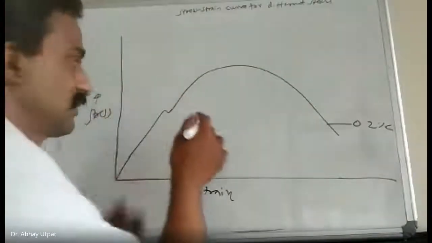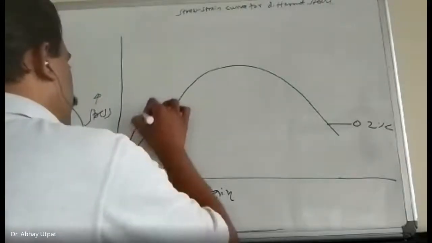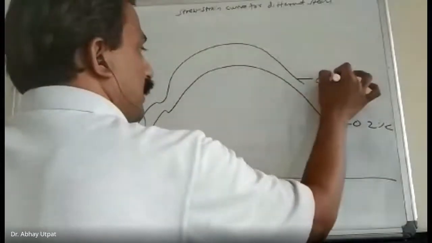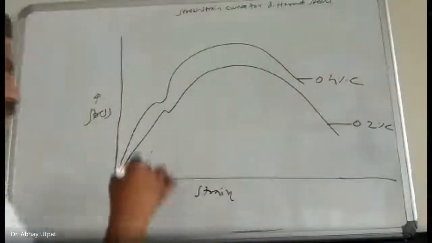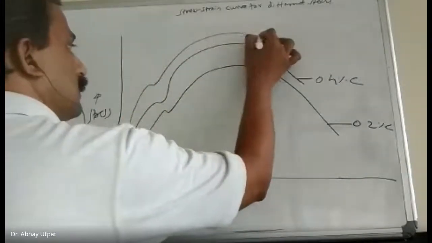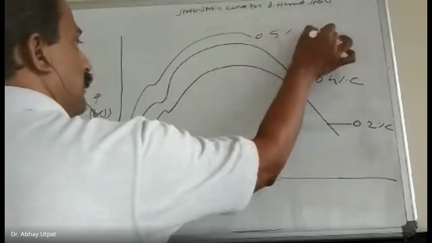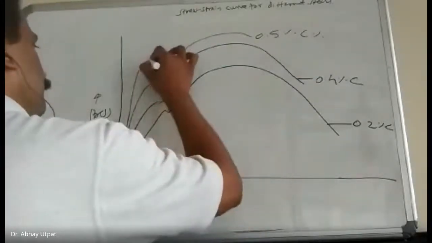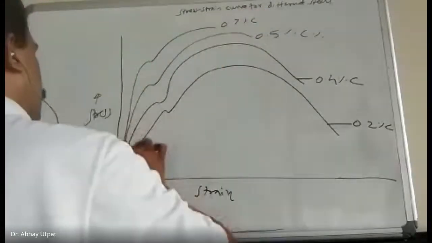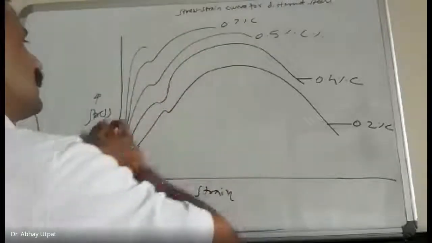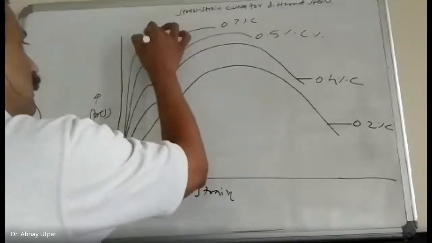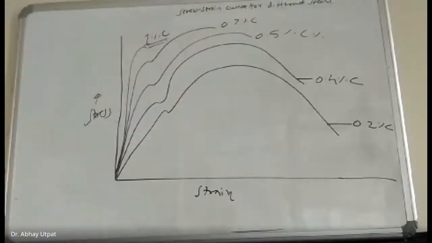Its elongation decreases. 0.4% carbon. 0.5% carbon. 0.7% carbon. Little less increase. 1% carbon. In this way.